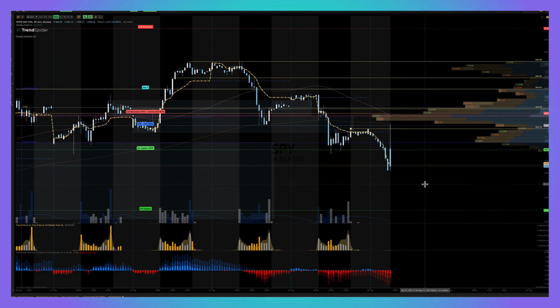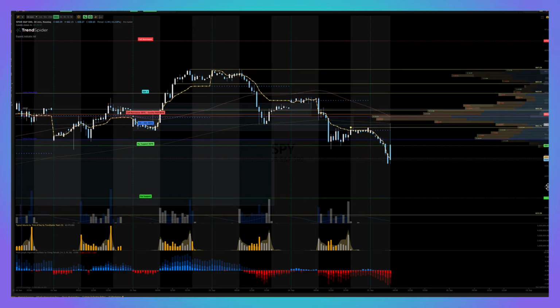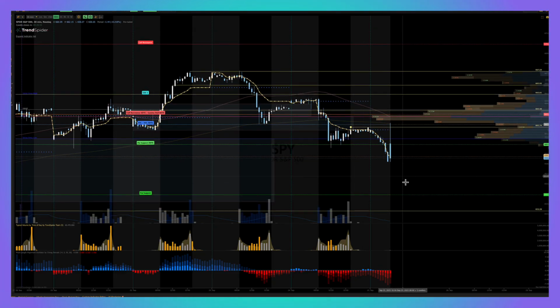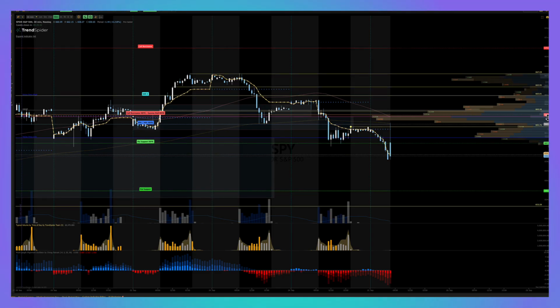Otherwise, we're going to have a nice slow leak, which is good for the market. If we get a slow grind down, it's going to be great for the market. 655 is the line in the sand. So we'll watch for that in anticipation.